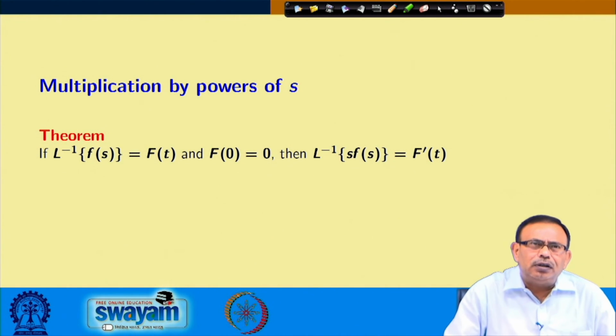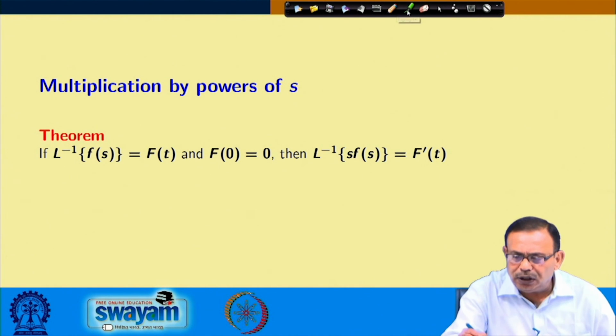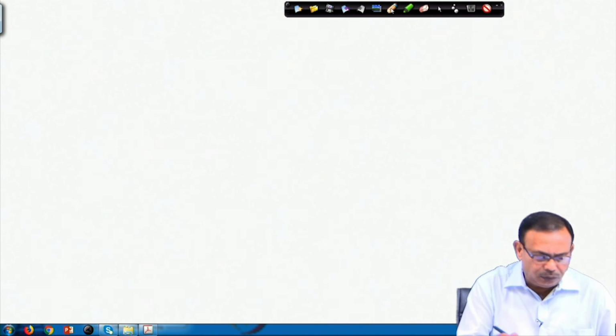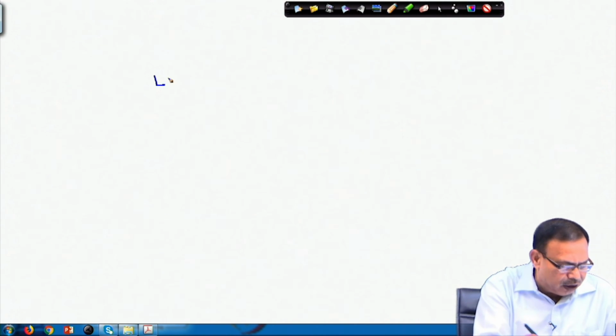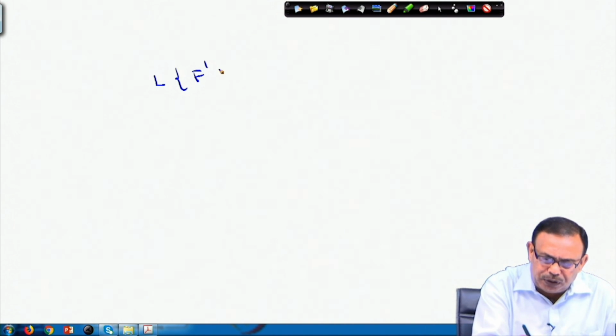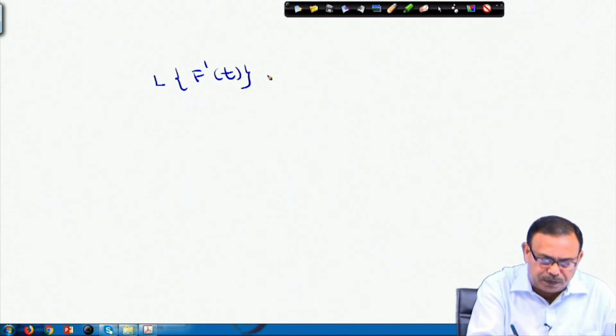Now, let me do one more thing, multiplication by power of s. If Laplace inverse of F(s) equals f(t) and f(0) equals 0, then Laplace inverse of s F(s), if you are multiplying the function F(s) by s, becomes the derivative of the function, that is f'(t). Again we are just using the properties of Laplace transform.